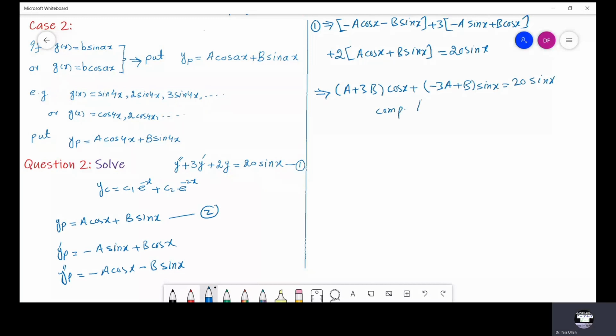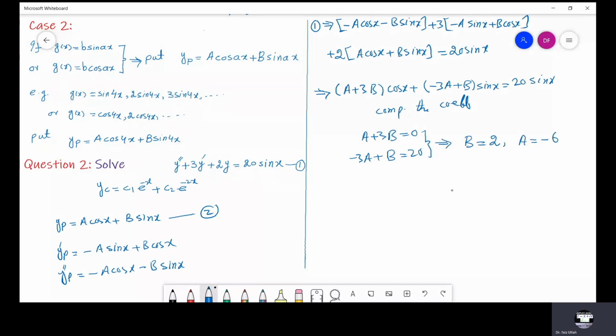Comparing the coefficients of cos x and sin x on both sides, we have a plus 3b is equal to 0 and minus 3a plus b is equal to 20. Now solving these two equations, we get the value of b, which is equal to 2, and the value of a, which is equal to minus 6.